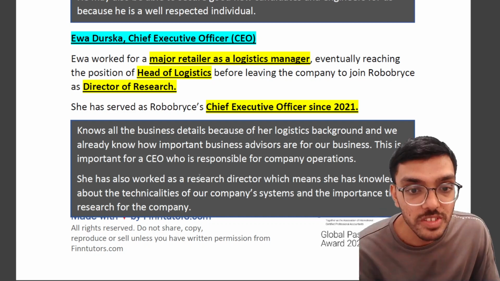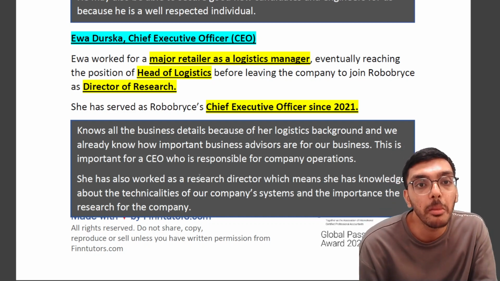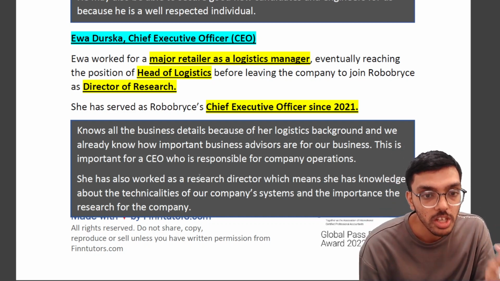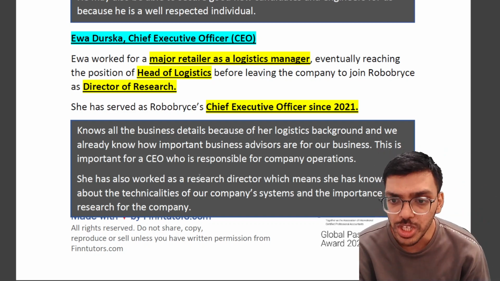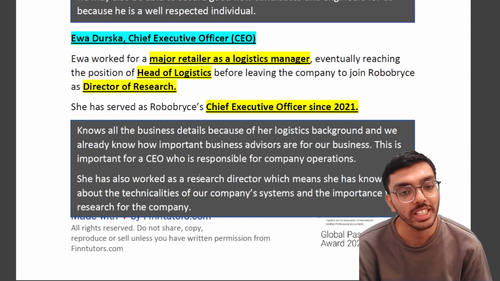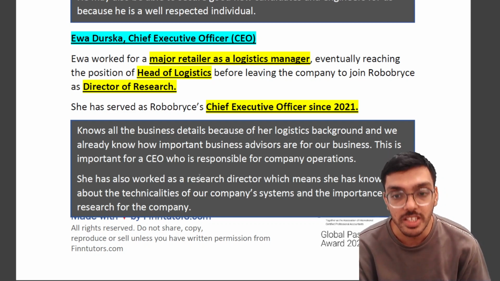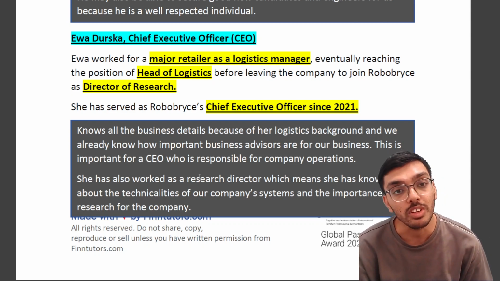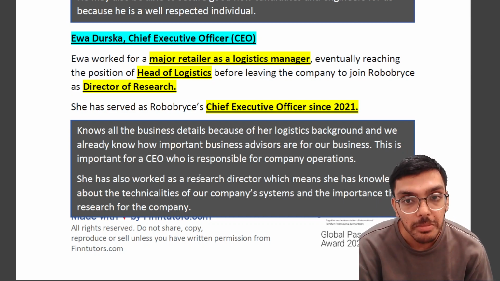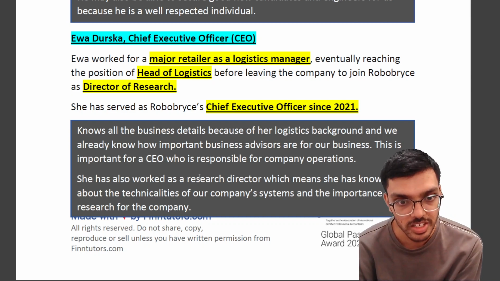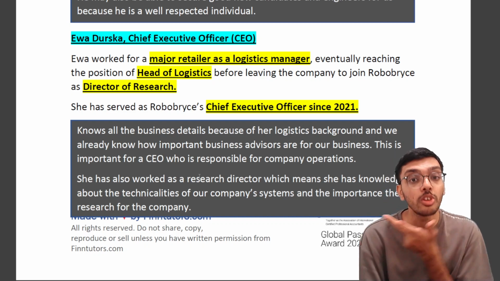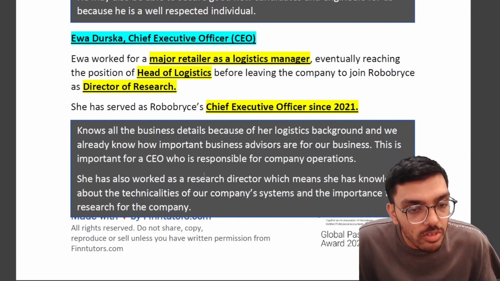This is important for a CEO who is responsible for company operations. She has also worked as a research development director, which means she has knowledge about the technicalities of our company's systems and the importance of research for my company. So her skill is in knowing logistics, in understanding relations and knowing the importance of research.